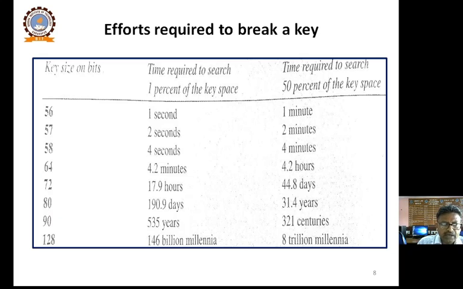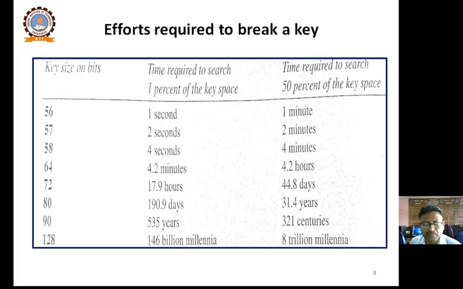Similarly, if we have a 64-bit key, it requires 4.2 minutes to search 1% of the key space, and 50% of the key space can be searched in 4.2 hours.